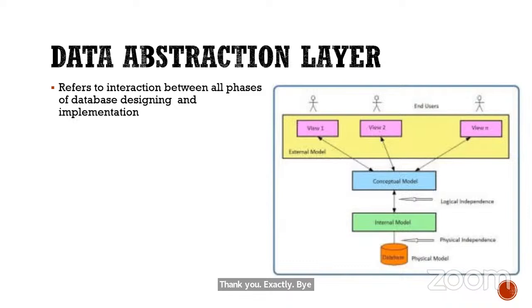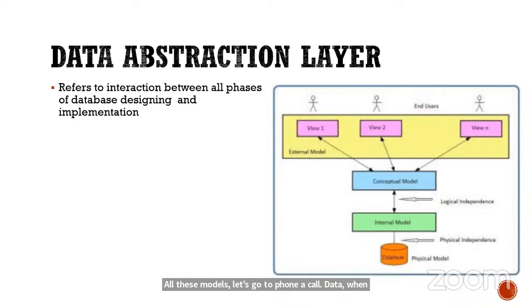Now, all these models interact with one another, and in their level of interaction, they come across what we call the data abstraction layer. The interaction between these models that are involved in the database design, all these models come together to form what we call the data abstraction layer, where all the phases of database design and implementation relate to one another.